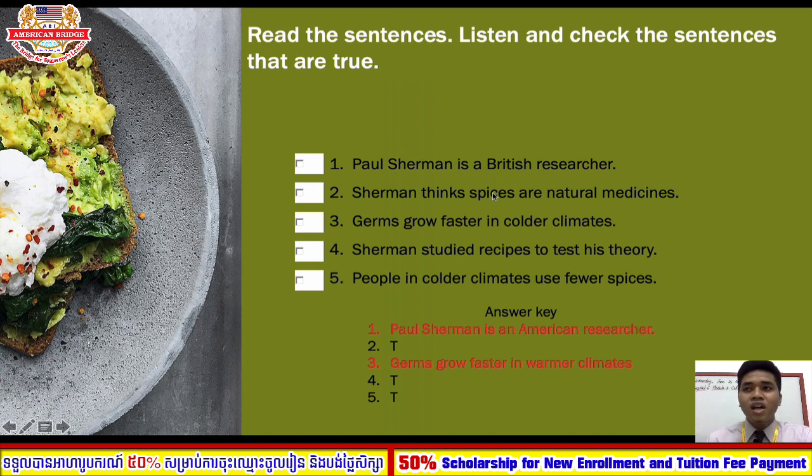So if you hear any word related to nationality, Australian, Canadian, Swiss, or French, those are words related to nationality. So you need to pay close attention to these two keywords, whether you hear the word British or you hear something else. So these are the skills that you need to identify the keyword in each statement.